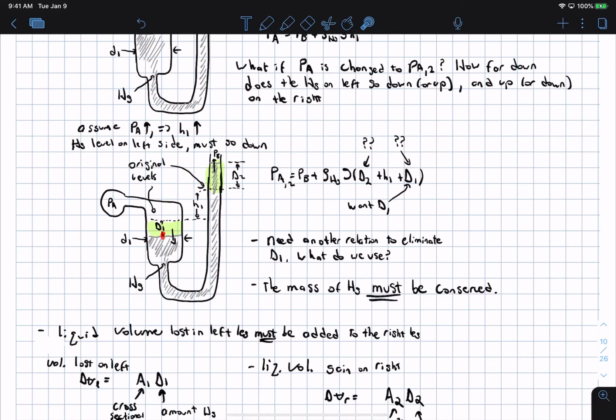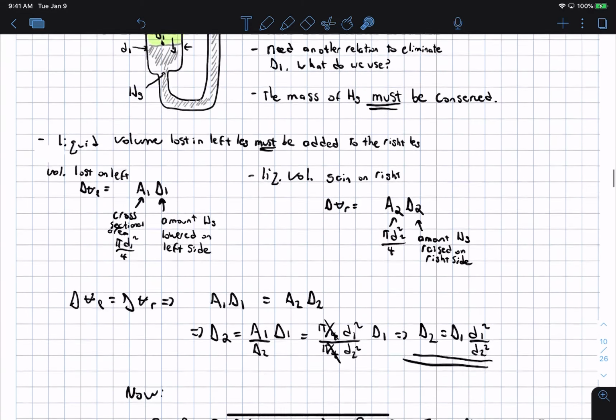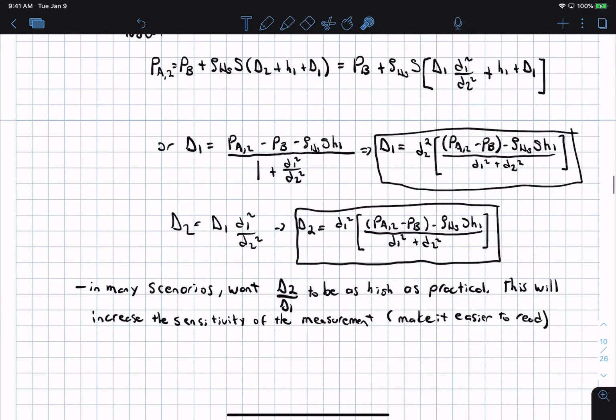Now, if the cross-sectional areas were the same, this change of height here, according to the formula that I learned, is actually going to be quite a bit smaller. And so what that means is that your measurement's not going to be as sensitive. So if there's a small change of pressure, the rise height on the right side is going to be very small, and you're not going to be able to really see anything.